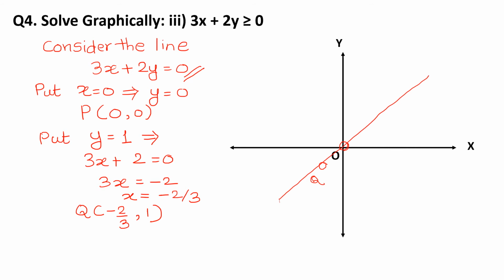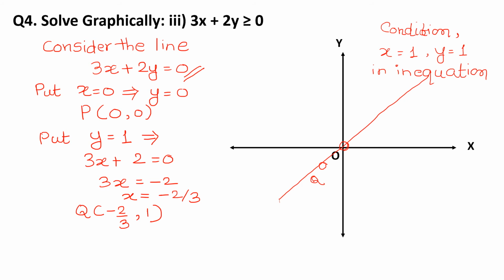I should now check which side to consider. Now the origin is lying on the line, so for checking the condition, I should not put x equal to 0 and y equal to 0. What I should put is some different point. So let us put x equal to 1 and y equal to 1 in the equation.